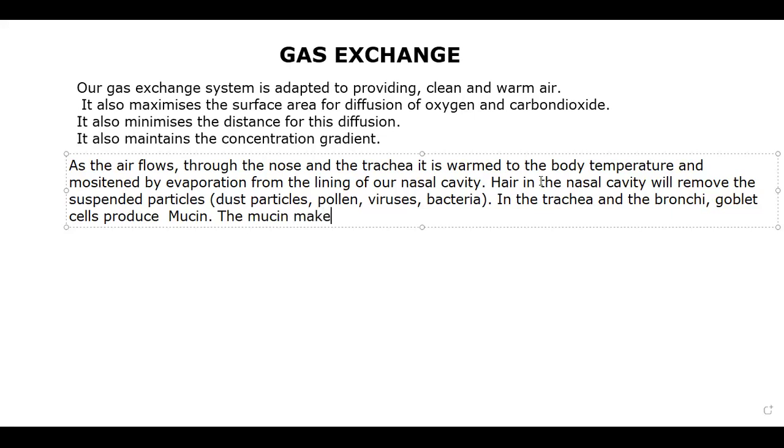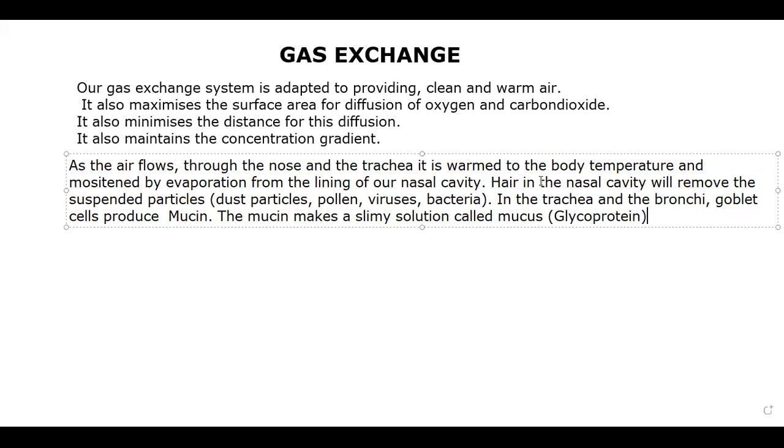makes a slimy solution. So the mucin is produced by the goblet cells. That mucin sort of reacts together or joins together to make a slimy solution called mucus. Okay. And what is mucin made up of? What actually is mucin? Mucin is a glycoprotein. What is a glycoprotein?